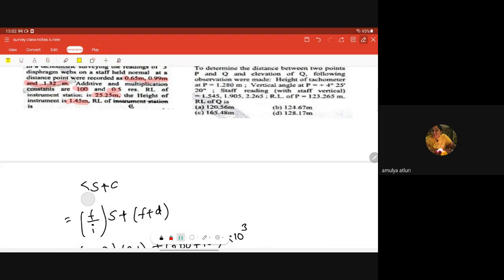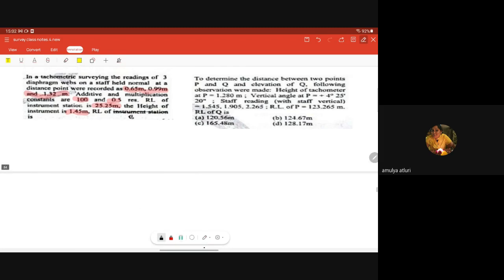Okay, let's draw the diagram first using this data. He has given three diaphragms at a normal distance, right?